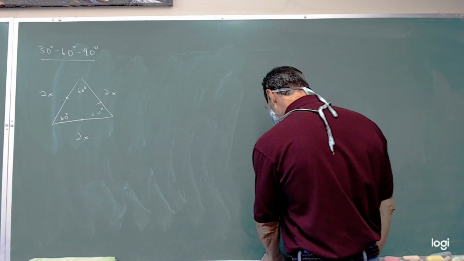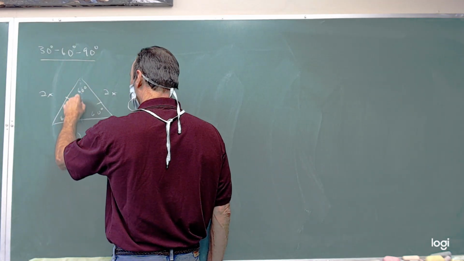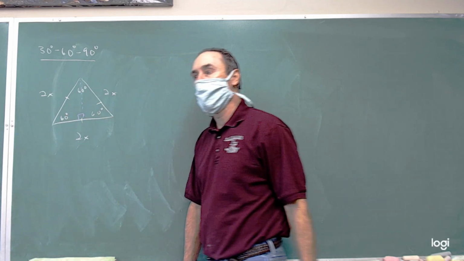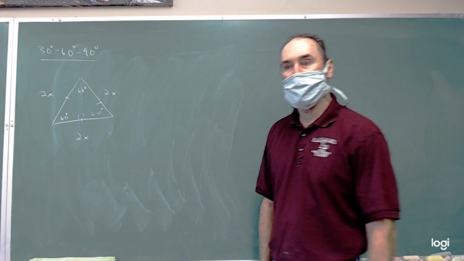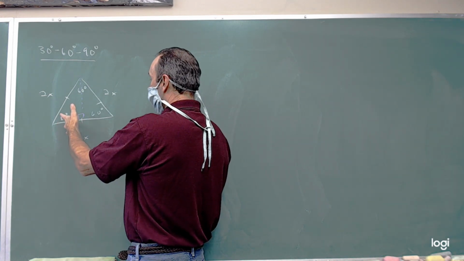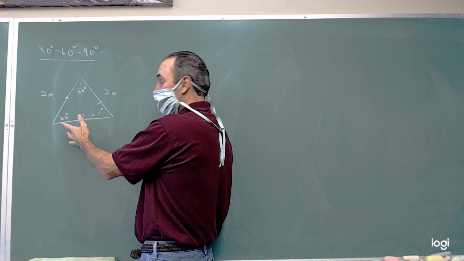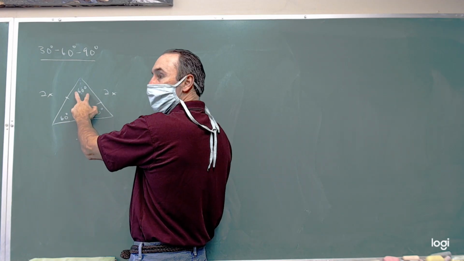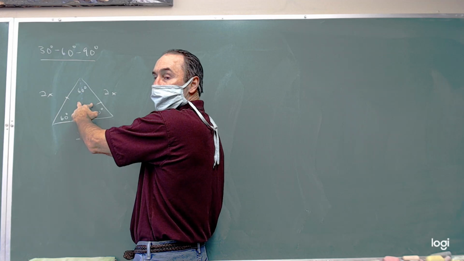From here, we'll drop a perpendicular down from one vertex to the opposite side. Once that becomes a 90-degree angle, we can see that we have two congruent triangles. Since those are congruent, the two angles up here for the right triangles must split the 60 degrees evenly.